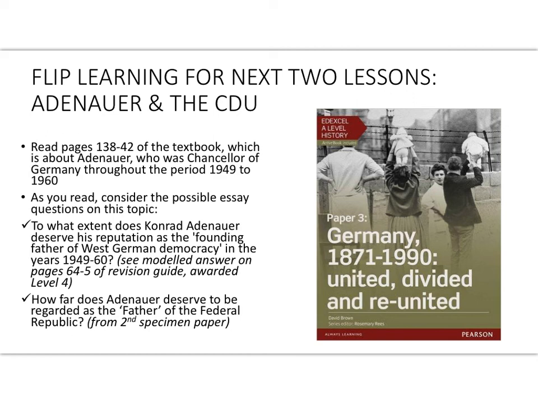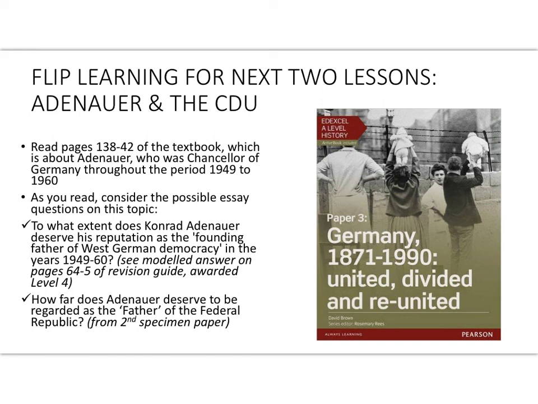We'll spend two lessons on that, and as I said, in the exam, if you answer a question on Depth Study 4, the classic question is why was West Germany so successful? And clearly one strand is it had a very, very effective constitution.